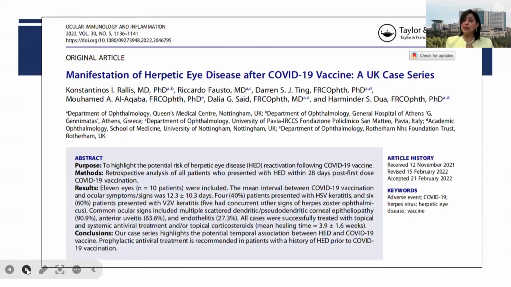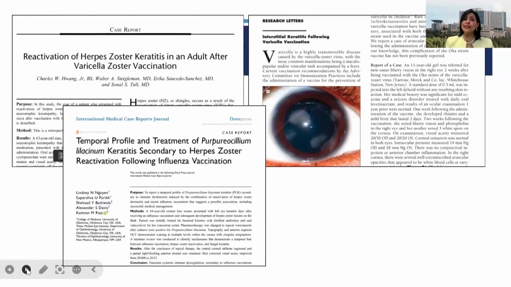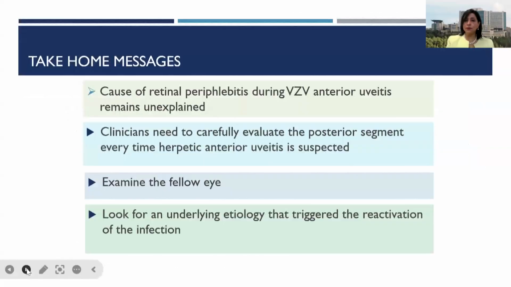In 4 patients, it was herpes keratitis, and in 6 patients, it was VZV keratitis, and around 60% of the patients also had anterior uveitis. When we look into the literature, we see that there is reactivation of herpes zoster keratitis also after other types of vaccines, for example, after VZV vaccination and also after influenza vaccination.